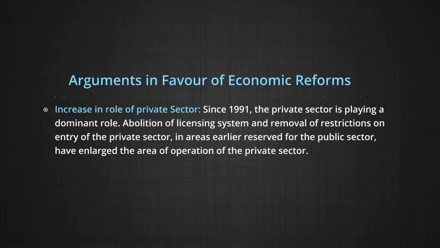Since 1991, the private sector is playing a dominant role. Abolition of licensing system and removal of restrictions on entry of the private sector in areas earlier reserved for the public sector have enlarged the area of operation of the private sector.